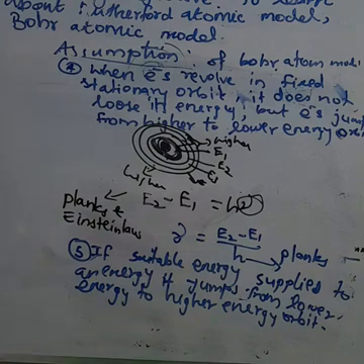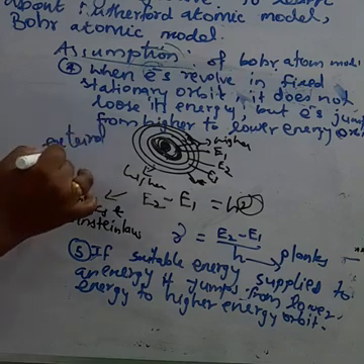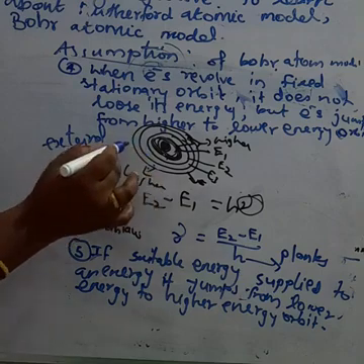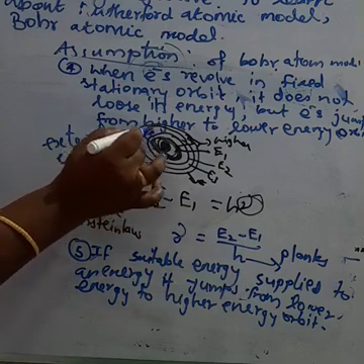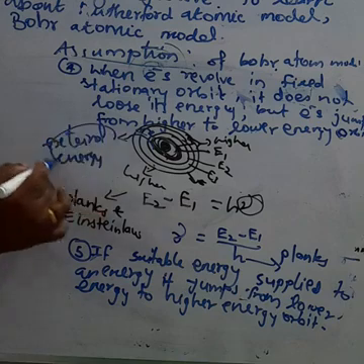Listen carefully. When we are giving some external energy, the electrons can jump from lower to higher. When the electrons jump from lower to higher, you should provide energy, otherwise it cannot jump.